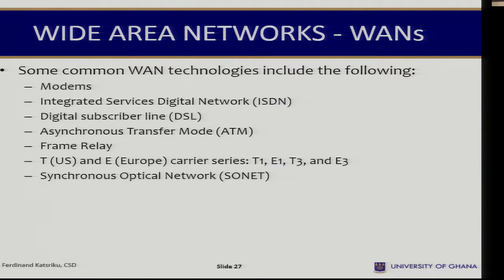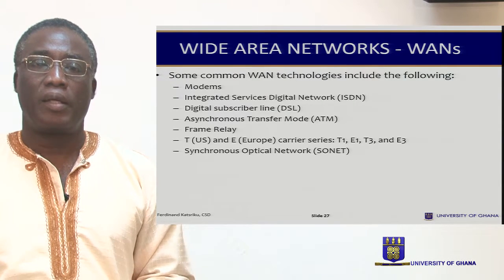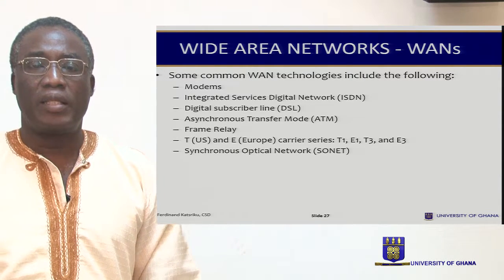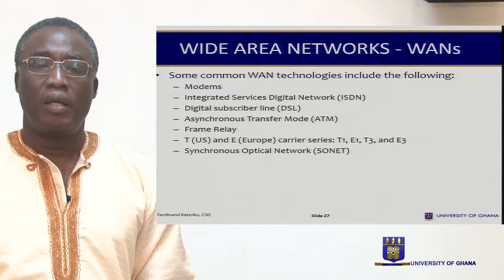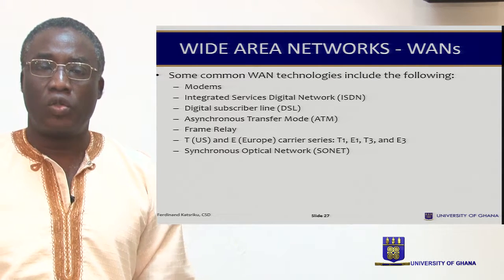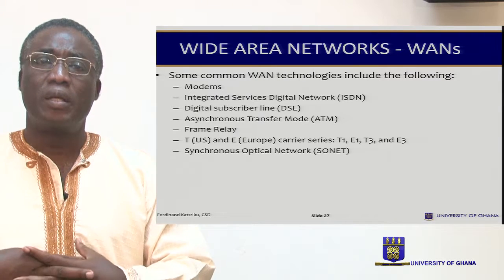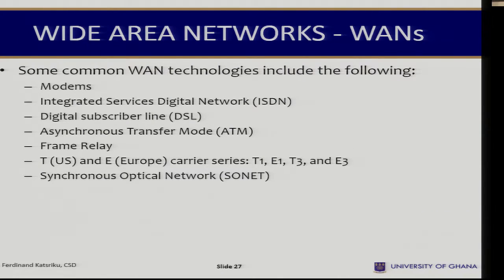Some common technologies used for WANs include modems. And we said a modem is what? A modulator, demodulator, which allows you to connect to a telephone wire. There's ISDN, there's DSL, there's ATM, frame relay, SONET, and so on and so forth. So these are all technologies that are used in order to build WANs.